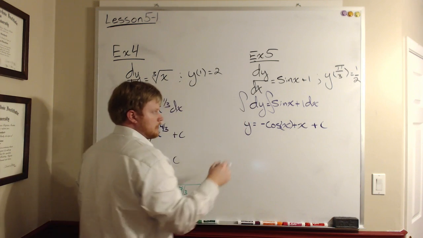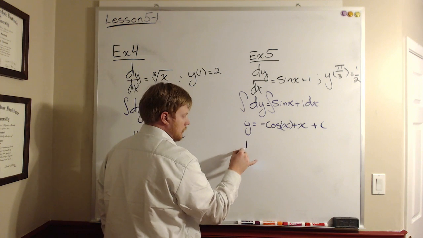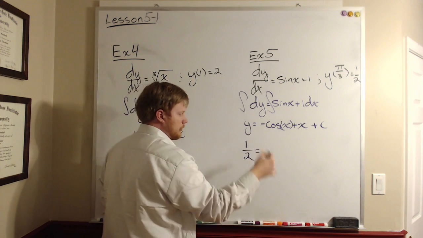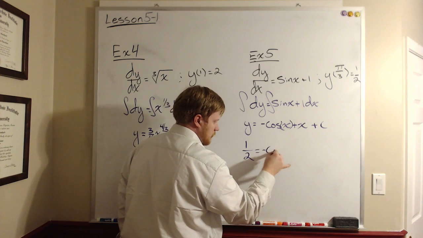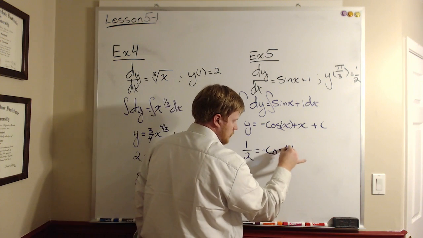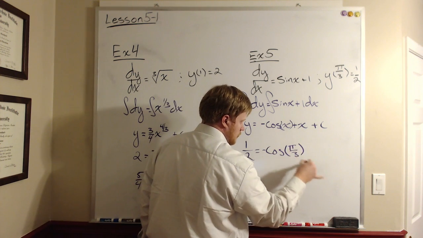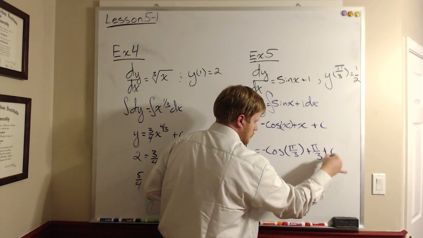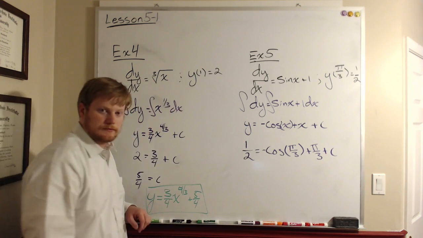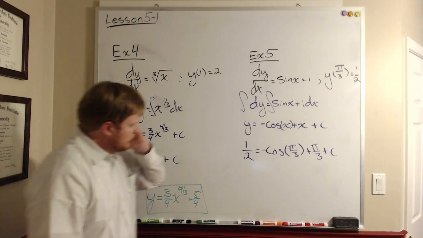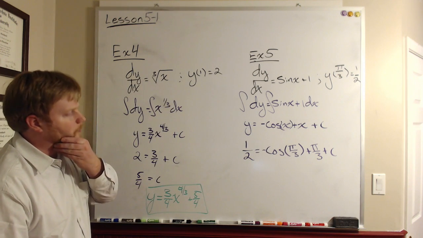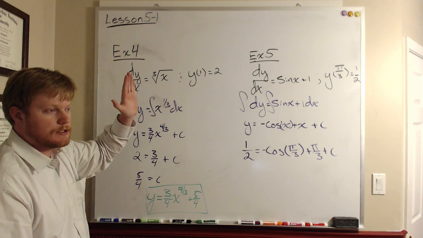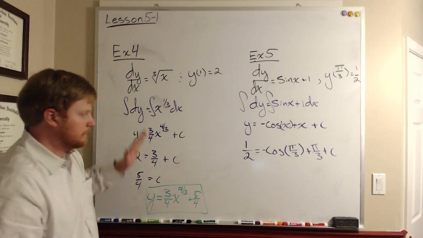Now, my initial condition is that at pi over 3, I'm at a half. All right, well, let's see. Negative cosine of pi over 3. Pi over 3 is like 60 degrees, and cosine would be about a half.